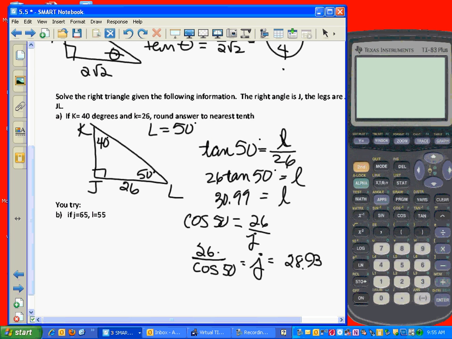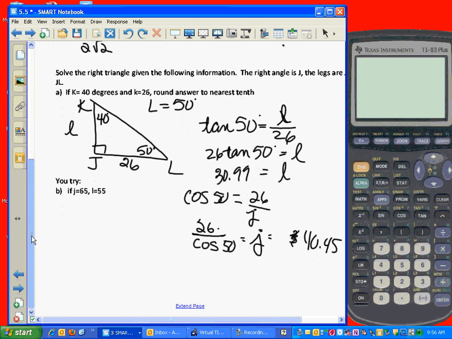I said the tangent of 50 is going to equal side L over 26. So 26 tangent of 50 is 30.99, unless I did something wrong. No, I got that one, but is my math wrong? So cosine of 50 is 26 over J, right? So 26 divided by the cosine of 50 is J? Did I plug it in wrong? Oh, so this is wrong? My math was wrong. What should it be? Okay, so maybe I just plugged into my calculator wrong.